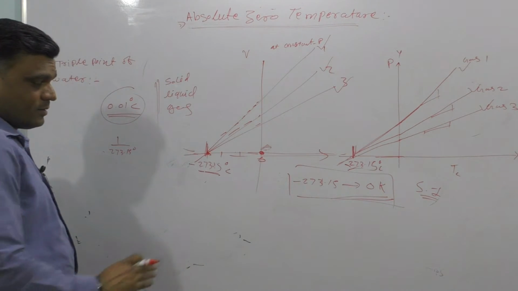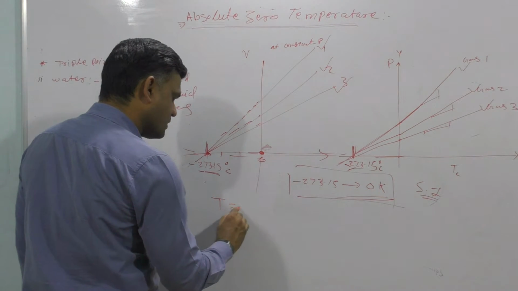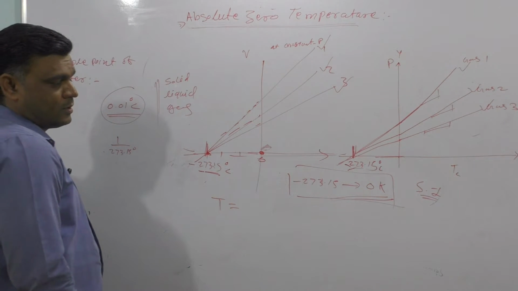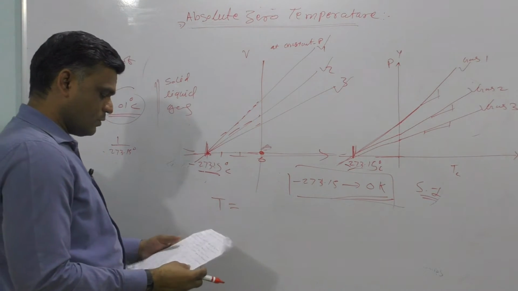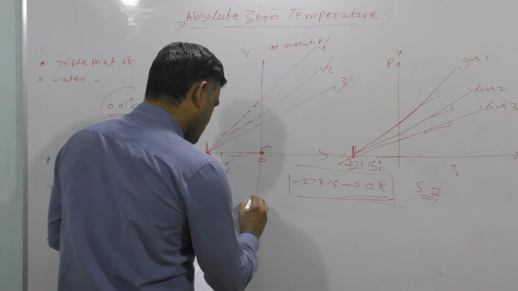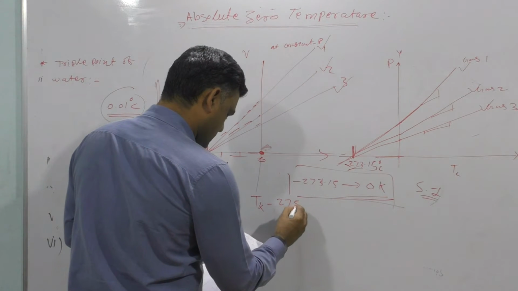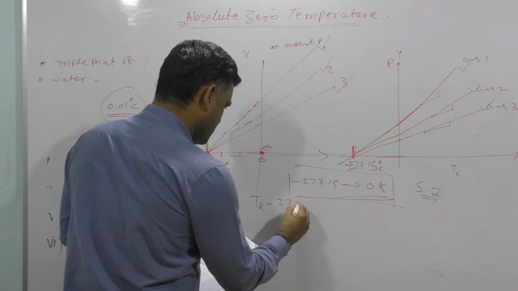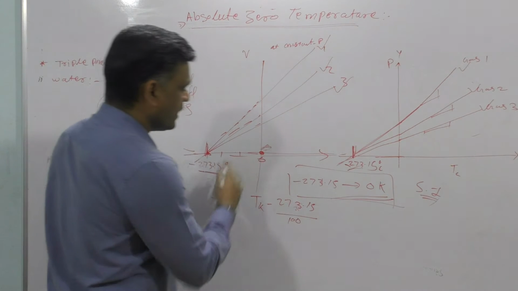Now look here, according to that scale, temperature T will be T is equal to (Tk minus 273.15) divided by 100, because the intervals are the same.